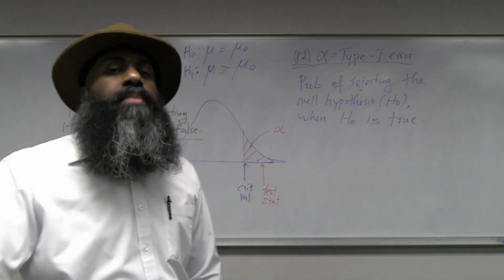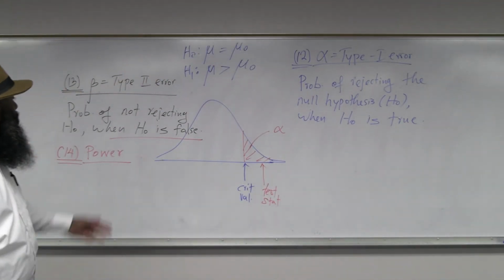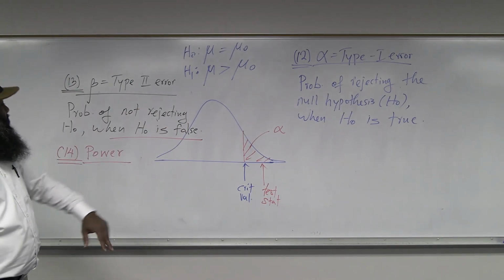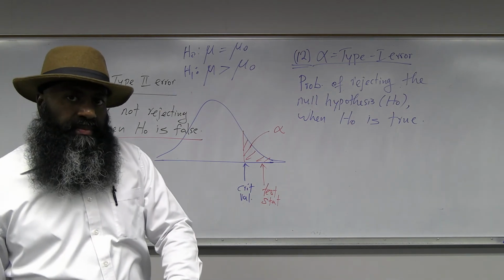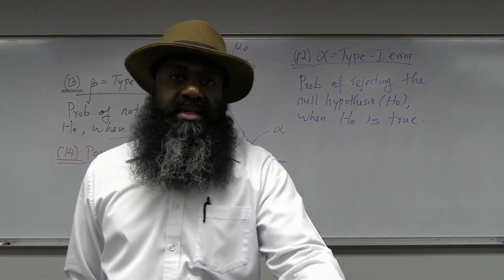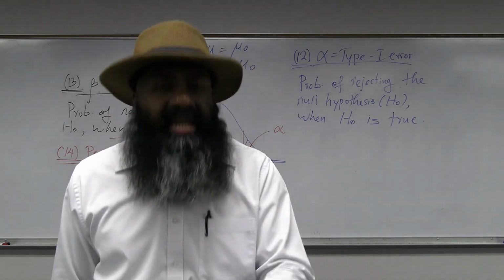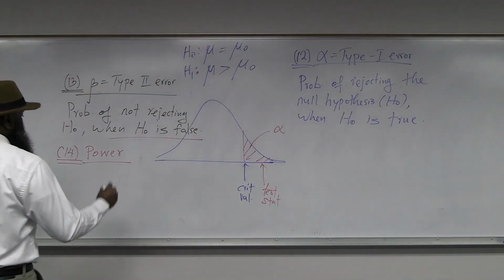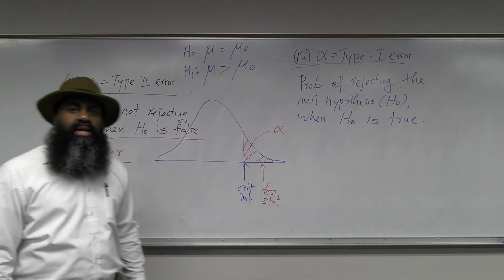What will that be? 1 minus beta should be the probability of rejecting the null hypothesis when the null hypothesis is false, which is a correct decision. That's what we want to do. Therefore, that quantity, 1 minus beta, is defined as the power of the statistical test.